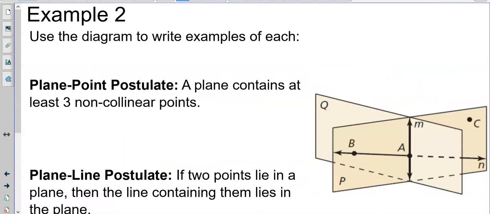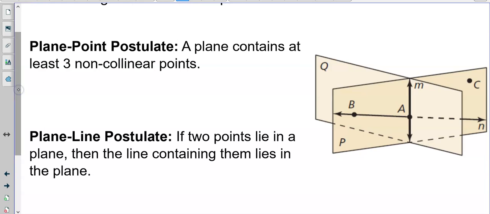All right, use a diagram to write examples of each. The plane point postulate. All right, so remember the plane point postulate says a plane contains at least 3 non-collinear points. So we have, actually we only have 3 points here, B, A, and C. Which plane are they in?